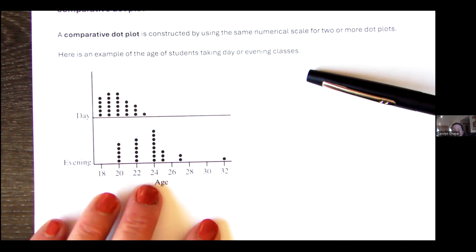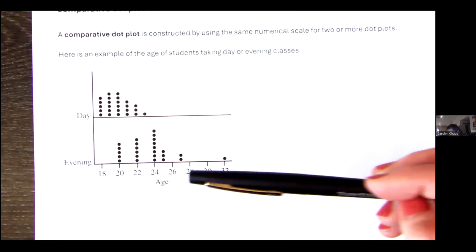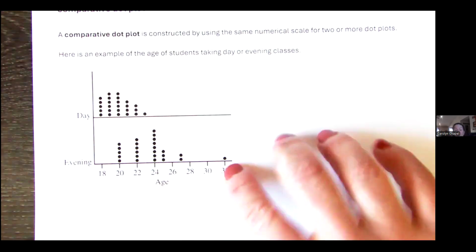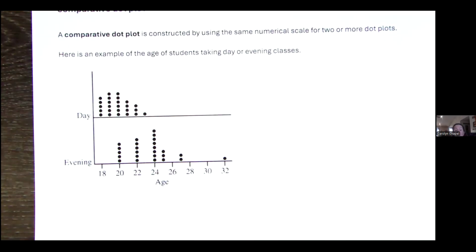This graph is missing a title. This graph is showing us the age of students who take classes either during the daytime or during the evening. And we could interpret this, if we wanted to, that the younger students tend to take the day classes, whereas the older students tend to take the evening classes.